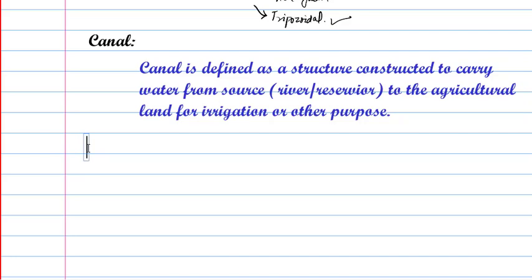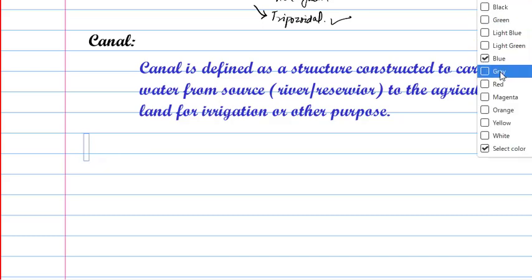So generally we use a trapezoidal section. Trapezoidal section is adopted for canal design due to its satisfactory performance. Satisfactory performance means there will be less evaporation and less seepage if your cross section is designed in a trapezoidal form. So you can note down this point too. It is actually an important point.